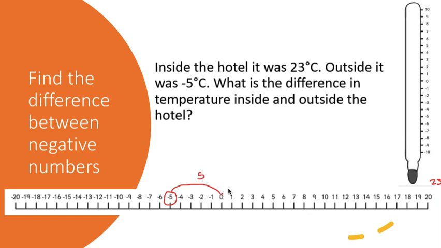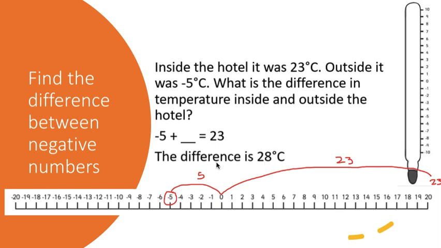And then from 0 to 23, I'm going to have to jump another 23. There we are. All together I've jumped 28 degrees. Well done if you got that one correct, particularly as it goes off our scale.